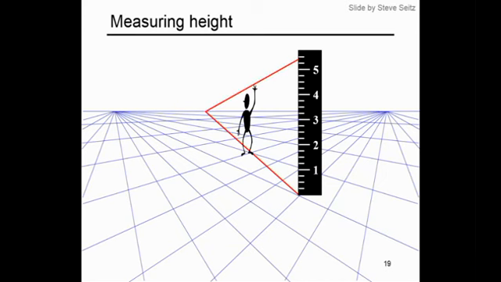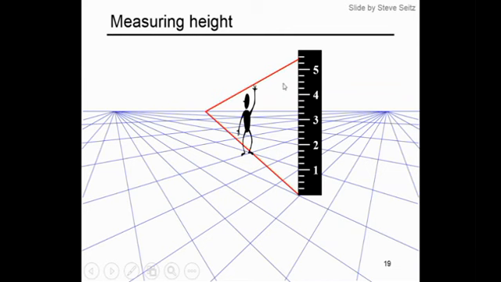Then I take that intersection point and say this is going to be my vanishing point of a pair of parallel lines. So I draw a line from that point through the top of the guy's hand and look at where it intersects with the ruler. And now I know that the height of the ruler is the same as the height from this guy's foot to the top of his hand.